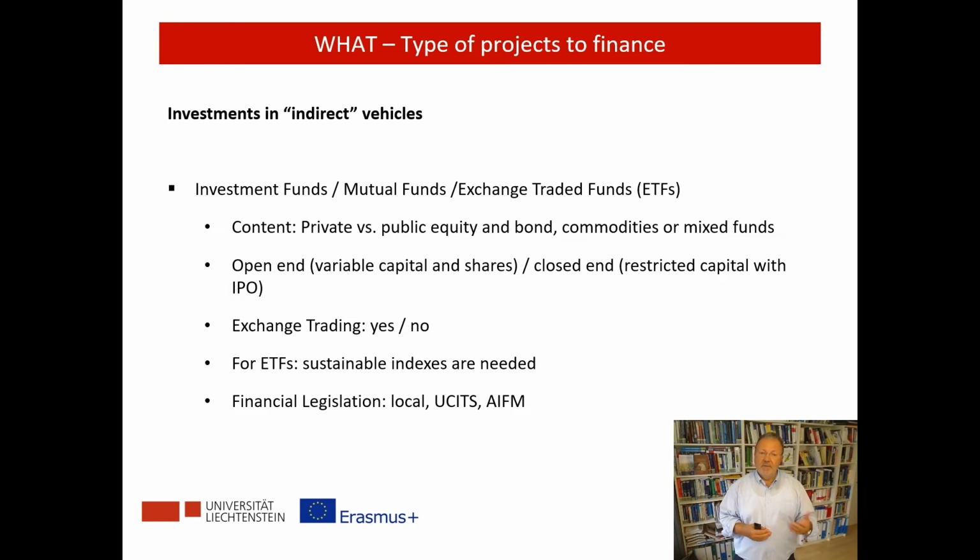Open-end would mean variable capital and shares of the fund. Closed-end, restricted capital with IPO. And then exchange trading, yes or no. And for ETFs, sustainable indices are needed. And we have financial legislation, which is local, which is European-wide, the UCITS or the AIFM.